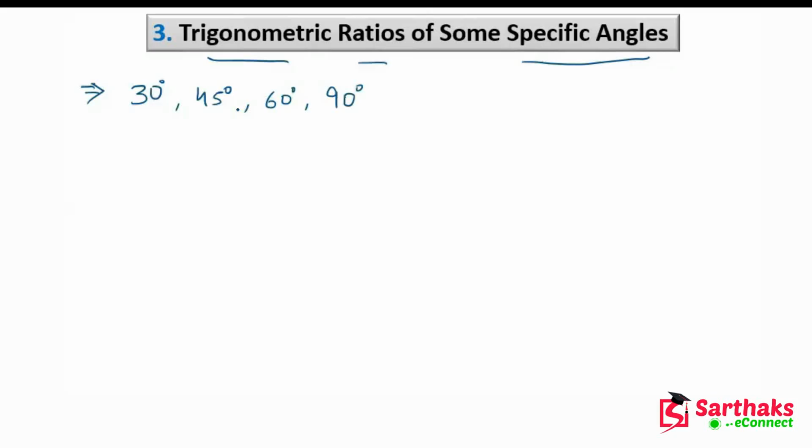Now we have to see the values of sine 30 degrees, sine 45 degrees, sine 60 degrees, sine 90 degrees. We have to derive how these values come. Okay, so now let's start.